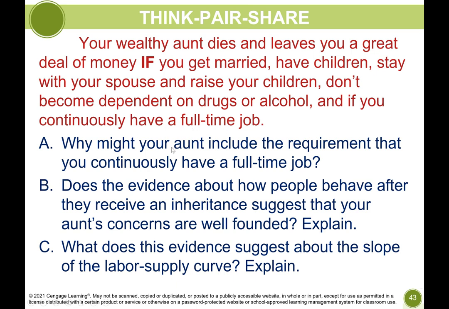A, why might your aunt include the requirement that you continuously have a full time job? B, does the evidence about how people behave after they receive an inheritance suggest that your aunt's concerns are well founded? Explain. What does this evidence suggest about the labor supply curve?